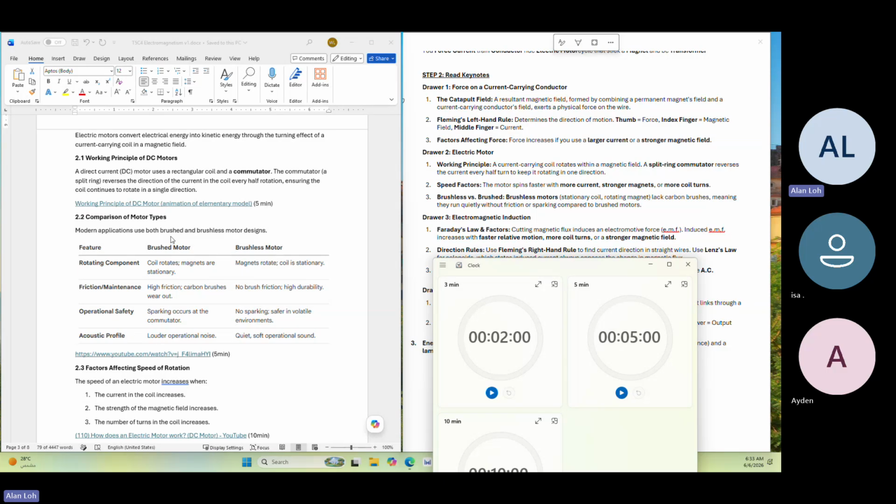So there are links over here to help you understand more details on what a brush motor is, what a brushless motor is, and what the working principle of the DC motor is, and then the factors affecting it. I find it not too easy to understand by just reading it.